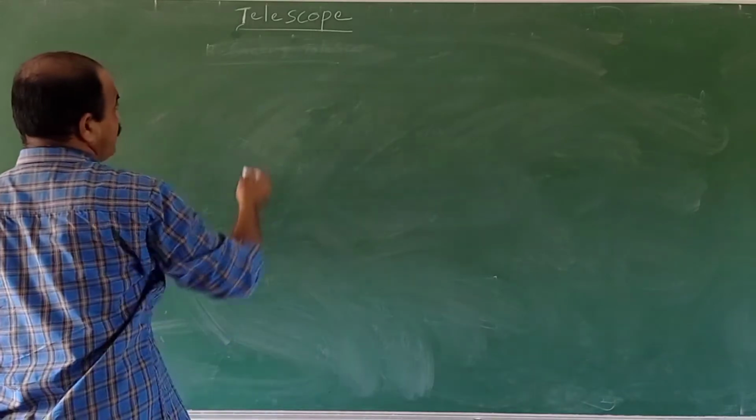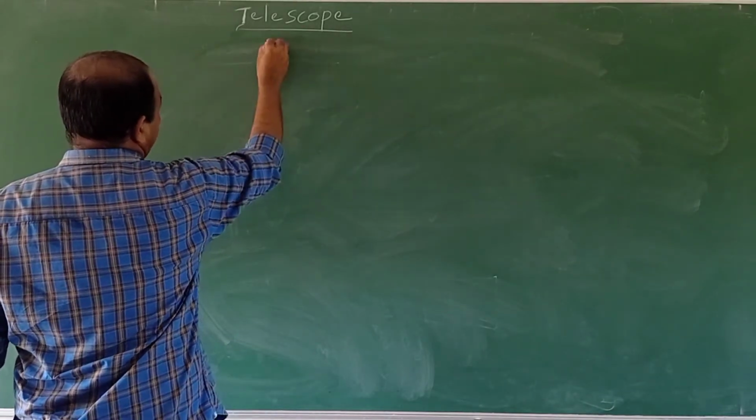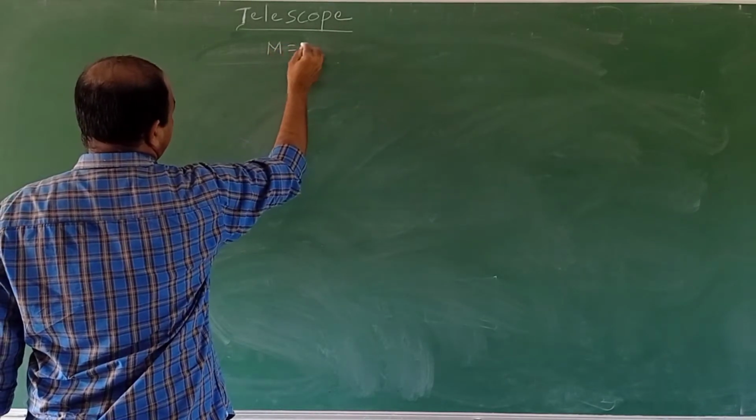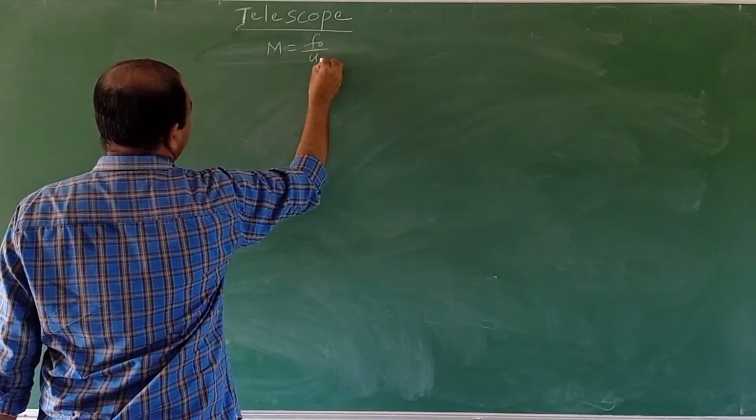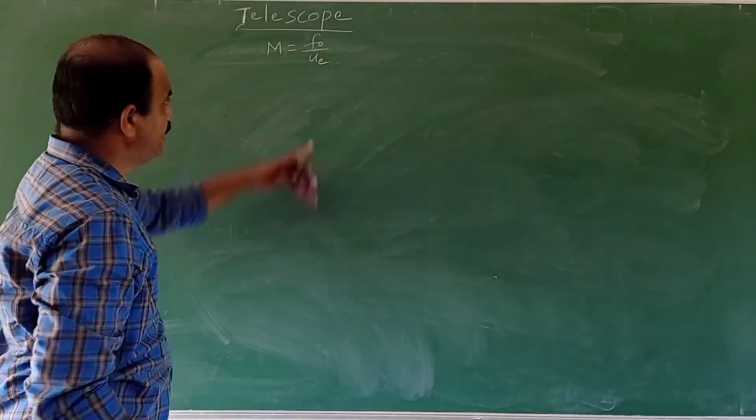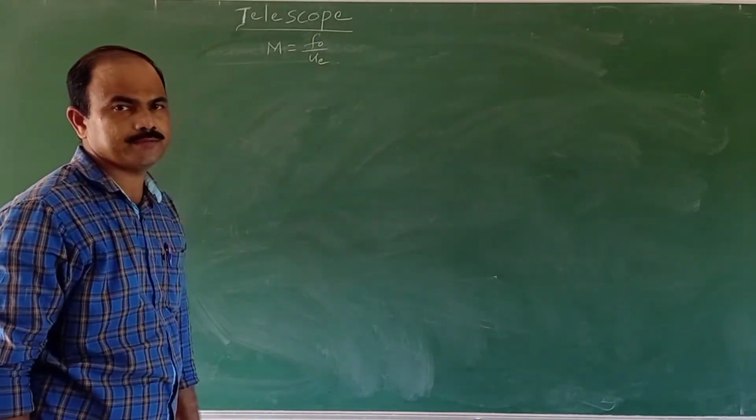What is the magnifying power of the telescope? M equals f_o by u_e, where u_e is the object distance for the eyepiece.